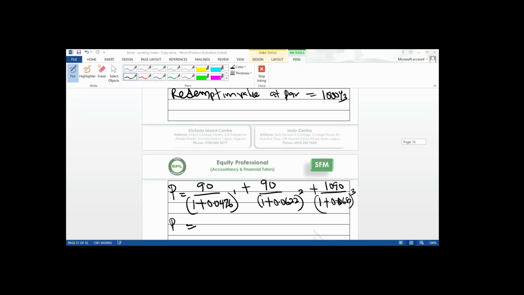The price of this bond is 1,059.98. Please apply your calculator and send in your answer.